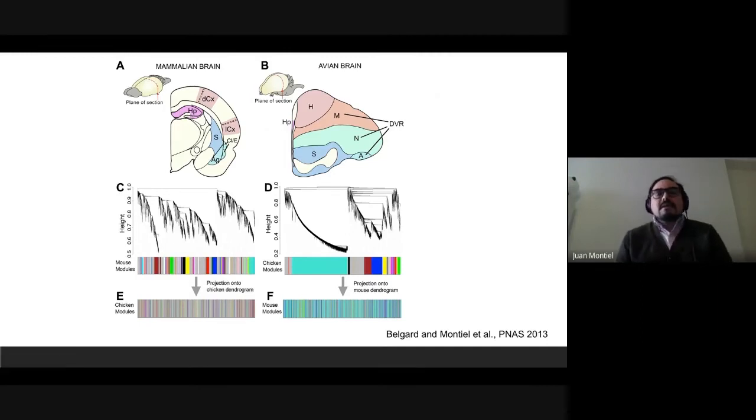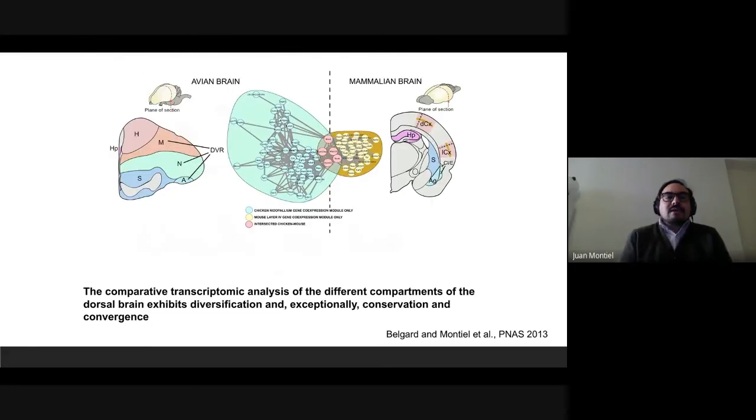But to our surprise, we also detected similarity between the dorsal ventricular ridge and layer 4, which was one of the layers that was proposed by Professor Karten as homologous to the neurons in the dorsal ventricular ridge.